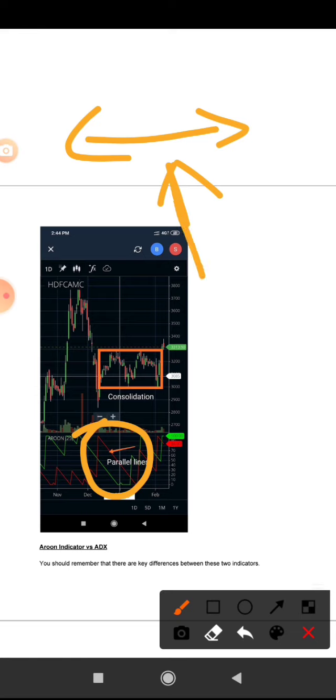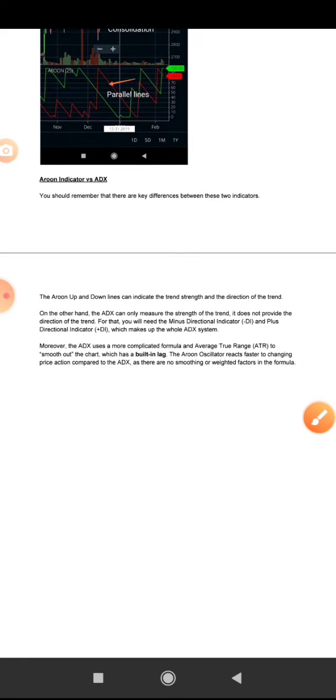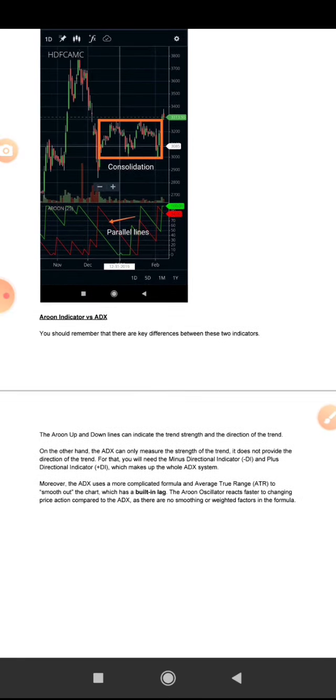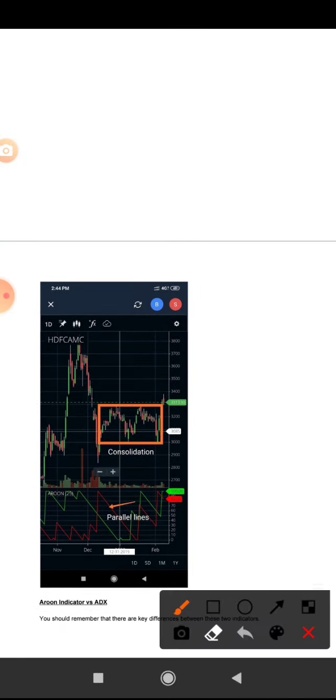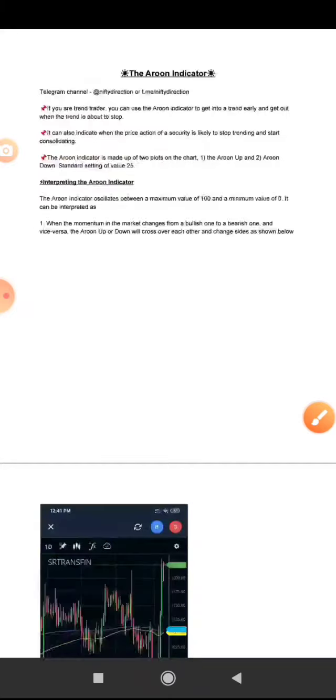Only the scalping technique, where you enter a trade and exit with a short profit or short loss, is advisable in this case. So never trade in a sideways market. Once Aroon shows that the trend is about to change, it will give the crossover. That's how the Aroon indicator is used.